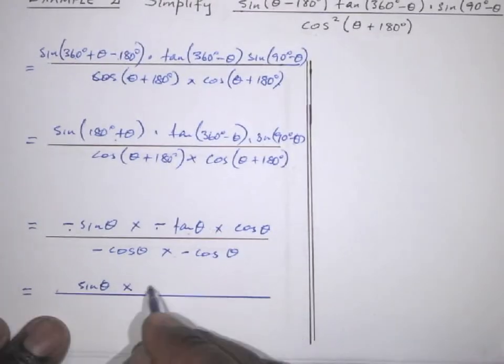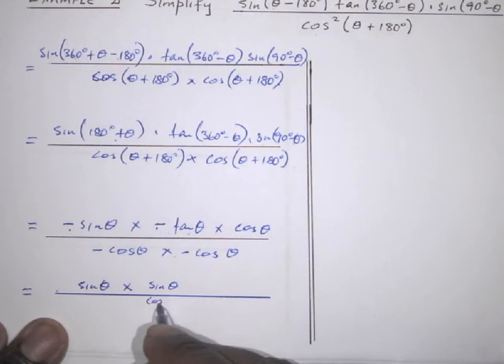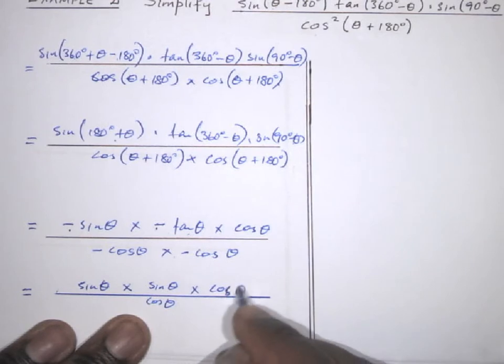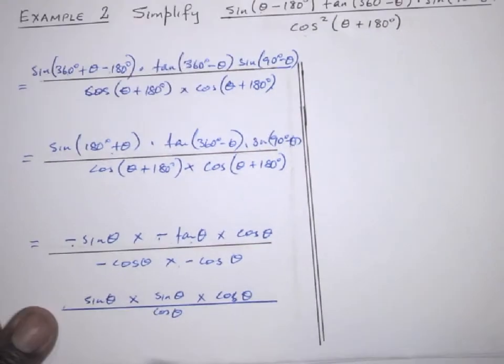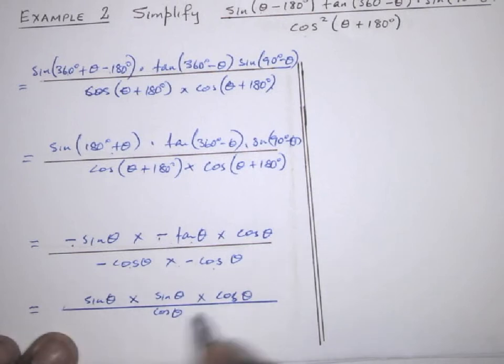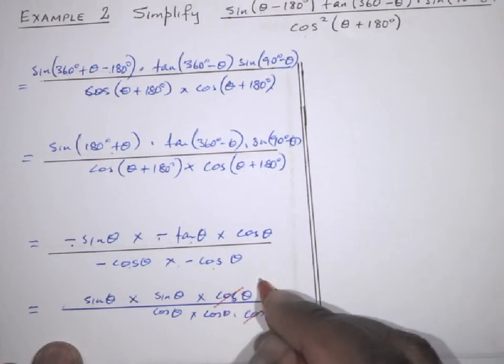So same as sine theta over cos of theta. So it'll be under the line. So times a cos of theta, and then this is divided by cos theta times cos theta, because the negative gives us a positive. So I'll have another cos theta at the bottom and another cos theta at the bottom. So we can now see that this cos goes once, that goes once.